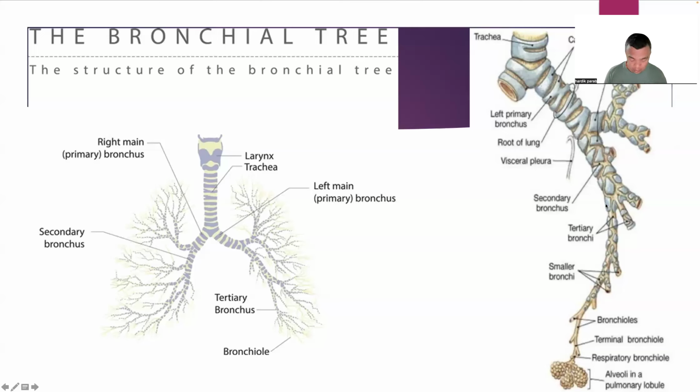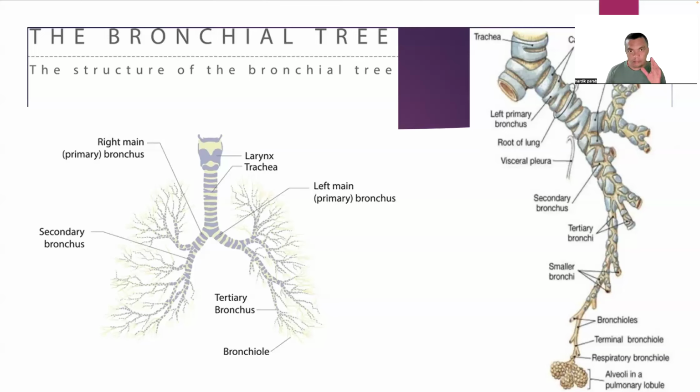The tertiary bronchi are also called segmental bronchi because they supply the bronchopulmonary segments. After that, you have terminal bronchioles, respiratory bronchioles. Then you have the pulmonary unit, which consists of four components: alveolar duct, atria, air sacules, and pulmonary alveoli.